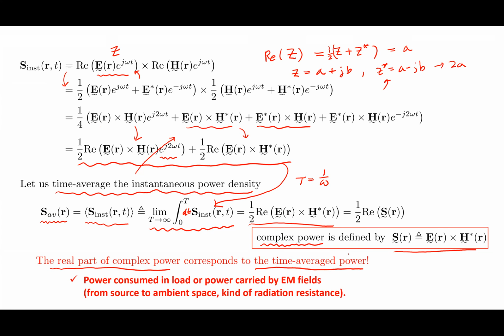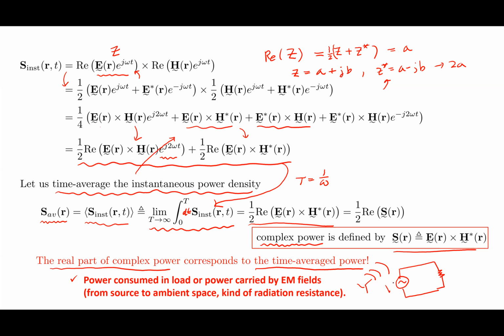Okay, what is the time averaged power? That is the power consumed in load in the circuit theory, or in electromagnetic field, the power carried by the field from the source to the ambient space. If we consider the antenna radiating field through the space, we can model it like this circuit by using the circuit schematic.